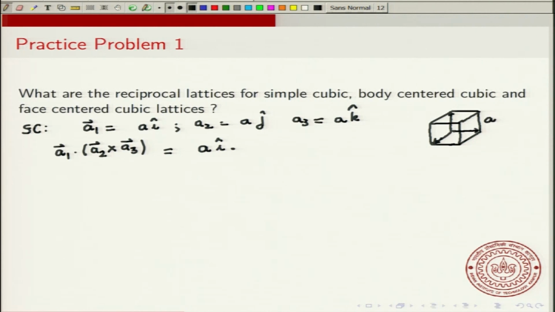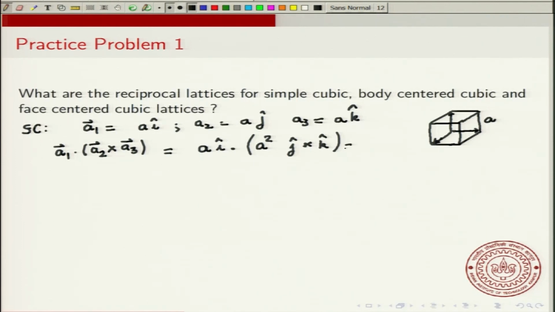So, A2 cross A3 can be written as A square multiplied by, oh sorry, not i cross j, it should be j cross k. Now, j cross k is nothing but i.